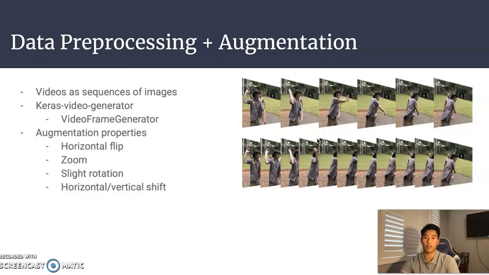Video frame generator then maps the same augmentation properties as defined in an image data generator, and then applies the same augmentation to all the images within a sequence. This then is able to augment the images while preserving their temporal relationships with one another.